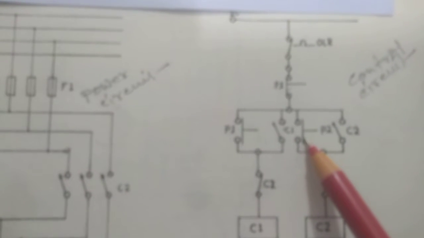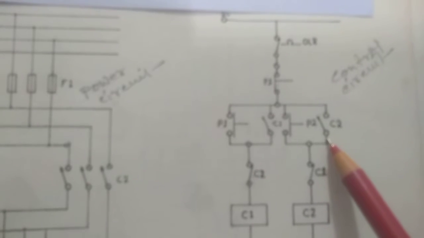Normally to close. Close means here, this is an on push. This is an on push, called off. C1 open contact and C2 is open.